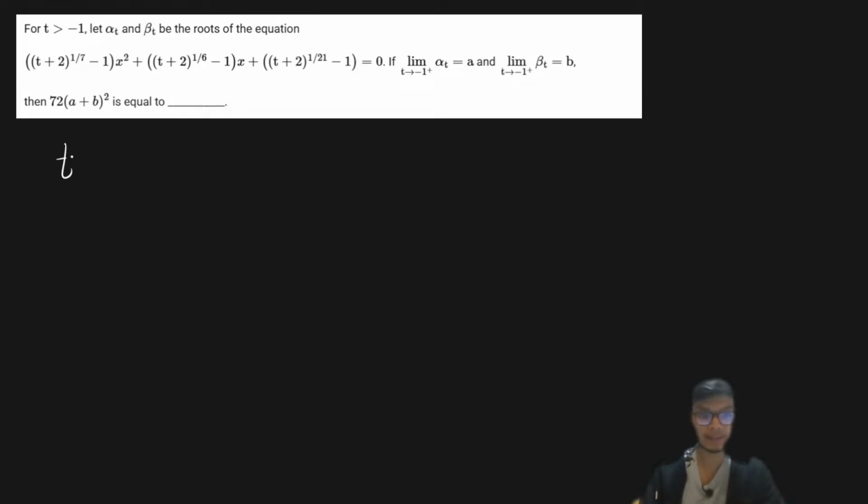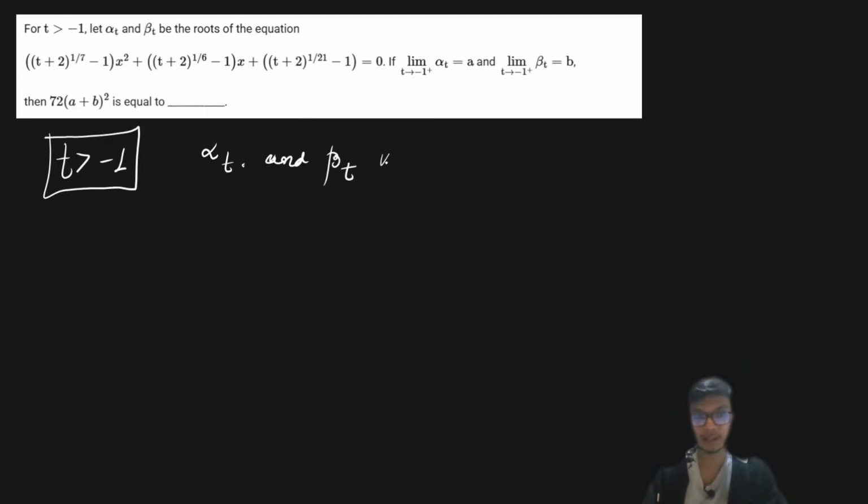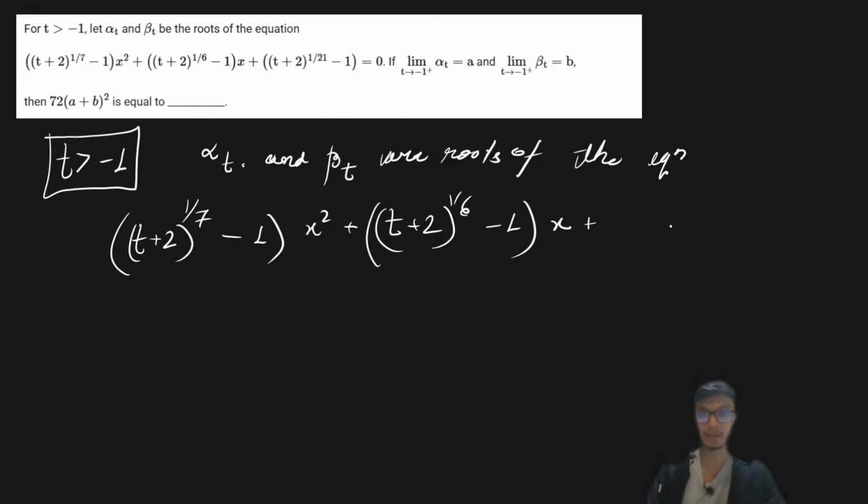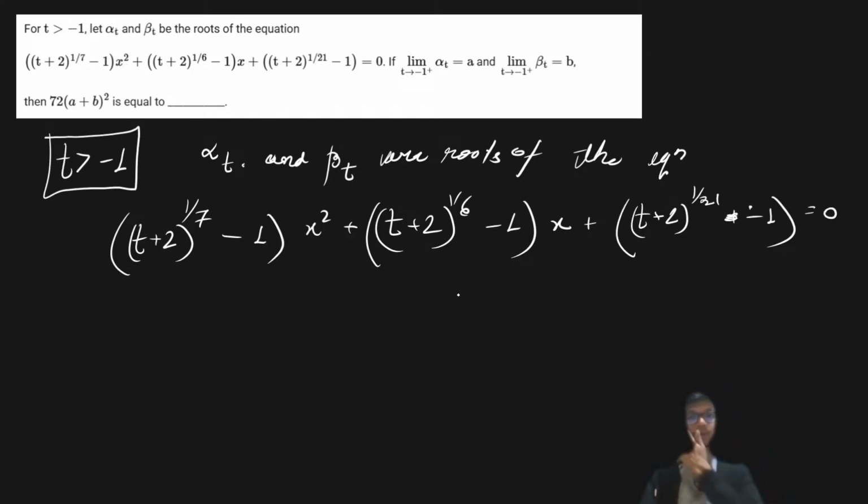It says that for t greater than -1, let's say alpha t and beta t are the roots of the equation, and we have a kind of arbitrary equation: (t plus 2) to the power 1 upon 7 minus 1, times x square, plus (t plus 2) to the power 1 upon 6 minus 1, multiplied with x, plus (t plus 2) to the power 1 upon 21 minus 7, equals 0. And it says that alpha of t and beta of t are the two roots.